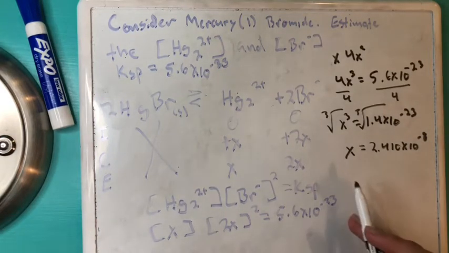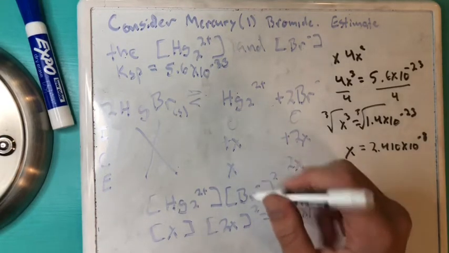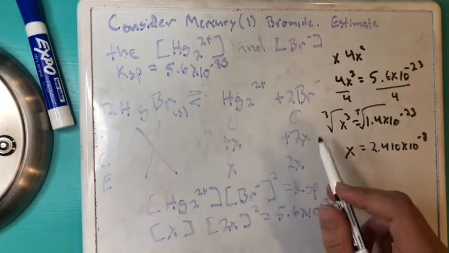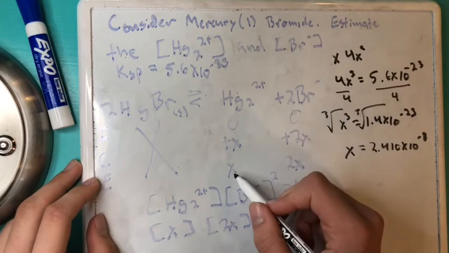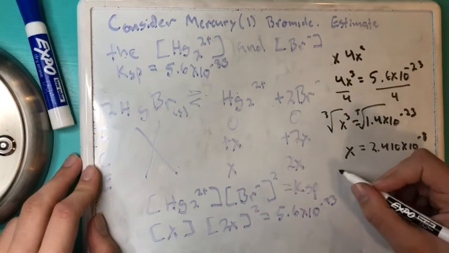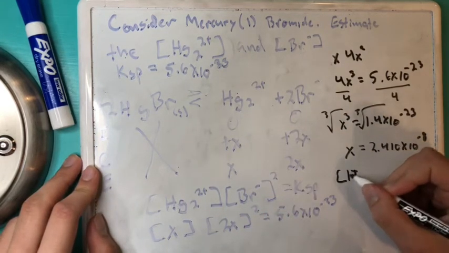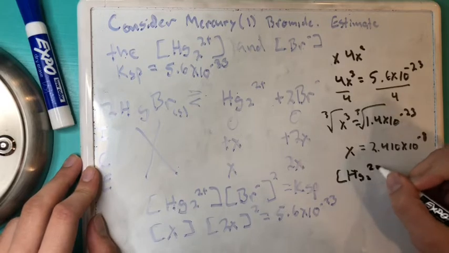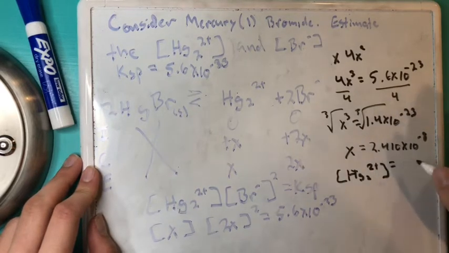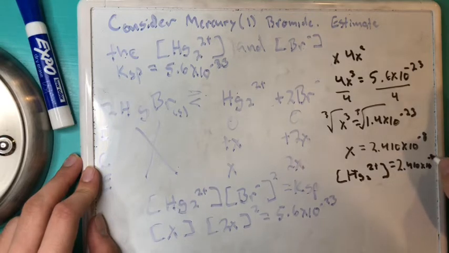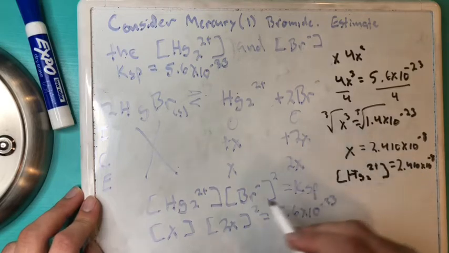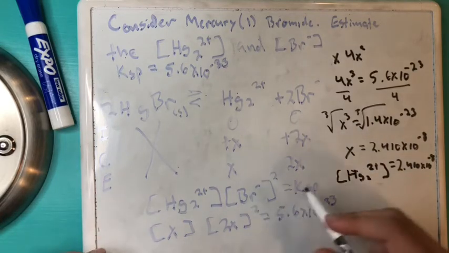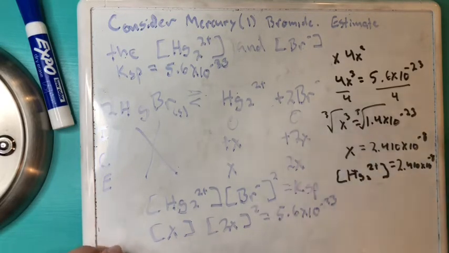So this is our x, and in this case, the concentration of the Hg2 plus and the Br are different. So x equals the concentration of this, so we know the concentration of the Hg2 plus equals 2.410 times 10 to the negative 8th. But in this case, our concentration of Br minus isn't the same because it's 2x.